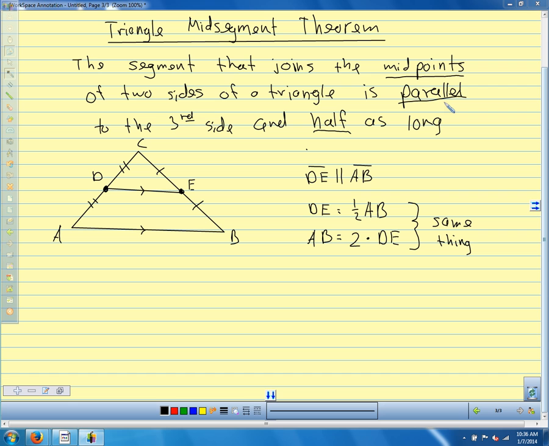They're the same. Slopes of parallel lines are the same. So just keep that in the back of your head. And it comes up in the homework.